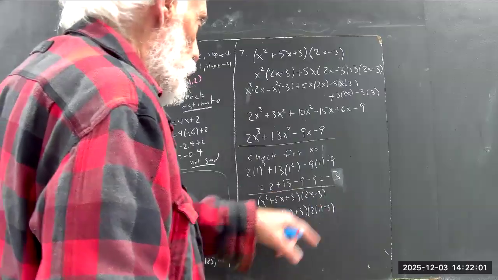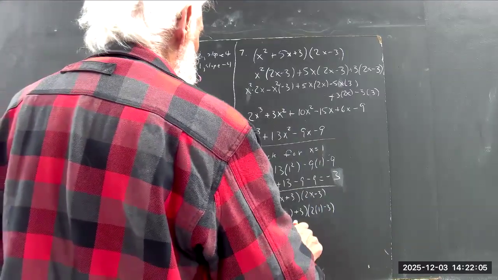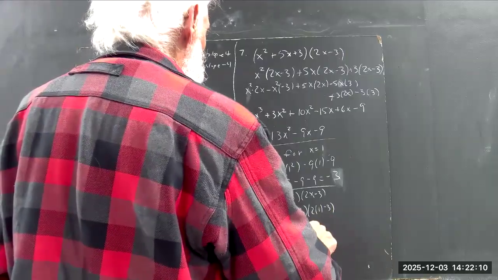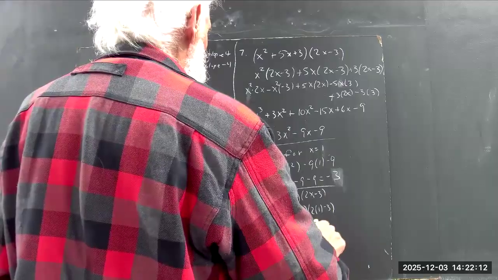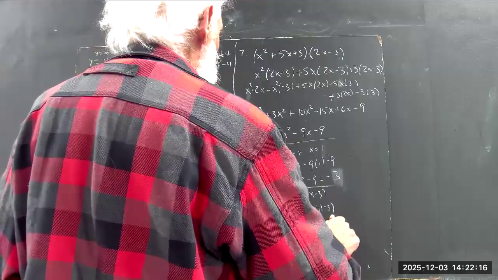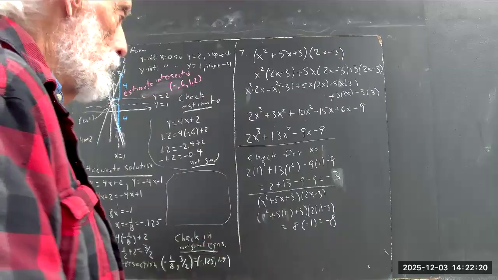So we plug in 1 for every x value. We get 1 plus 5 plus 3, which is 8 times -1, which is -8, not -3.